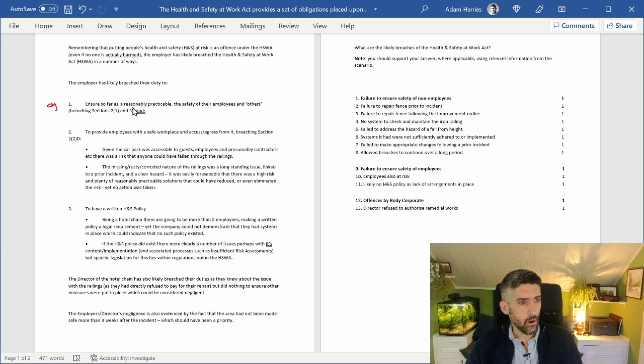I'm also going to give a mark because the learner has also pointed out there's a breach of the failure to ensure the safety of others, so non-employees, contractors, visitors, that kind of thing. So this is going to be awarded against item number 1 on the mark scheme. So 9 and 1, so that's 2 marks.